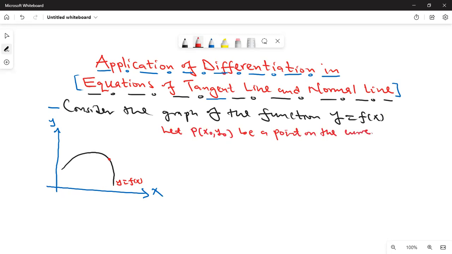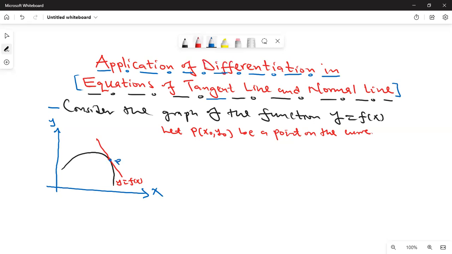So at that point, I want to draw a line that touches our curve at that point only. So we'll have this kind of a straight line. They meet at point P.